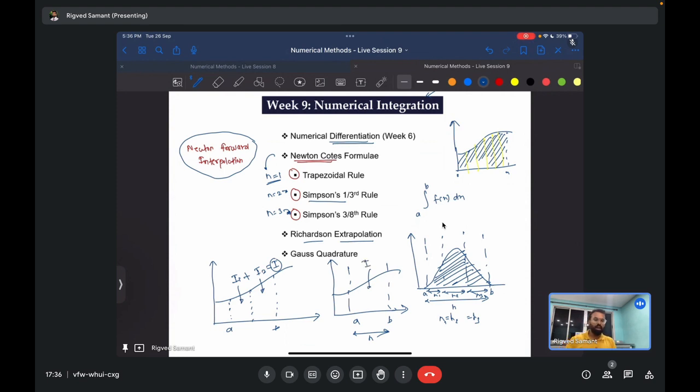Now there are some errors in these values that you got, right? And there is an actual value which is different. So you will get some value here, you will get some value here, and the actual value, or the real value, or the true value is different.